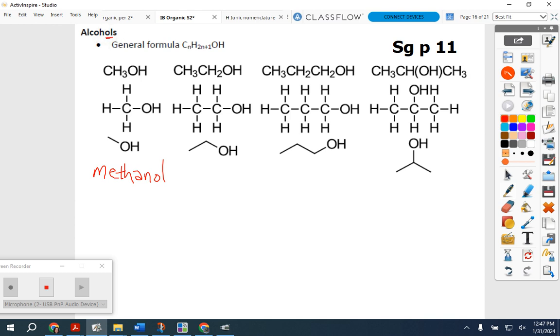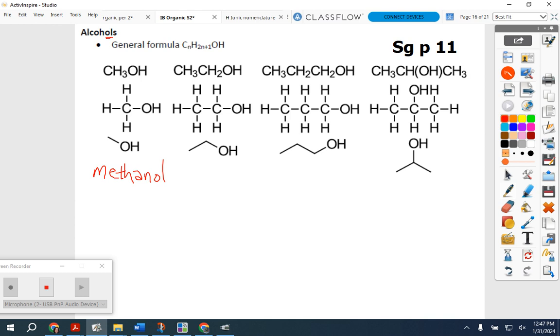All right. So methanol, ethanol. You don't need any numbers because there's only one way that the structure could work, because it's going to be on that one carbon, or it's going to be on the carbon that we're going to label carbon 1, right? We get to propanol, and now we have two versions of propanol.